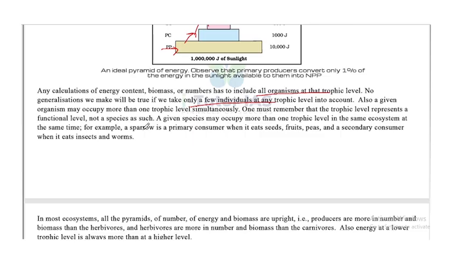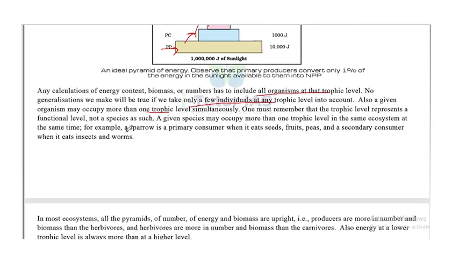Also, a given organism may occupy more than one trophic level simultaneously. So one must remember that the trophic level represents a functional level, not a species as such. A given species may occupy more than one trophic level in the same ecosystem at the same time.